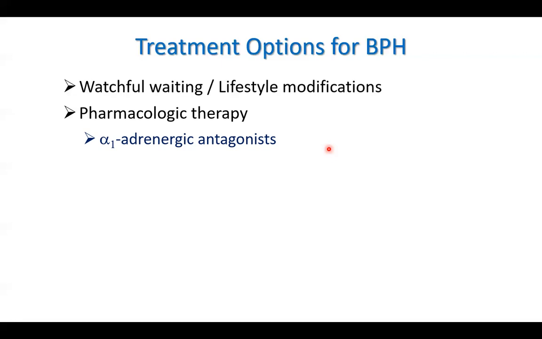It was not selective for alpha-1, so it acted on both alpha-1 and alpha-2. Obviously, it will have more side effects. You remember alpha-2 receptors? They are on presynaptic neurons, and they inhibit the release of epinephrine and norepinephrine. So we don't use phenoxybenzamine now because we have selective alpha-1 blockers.